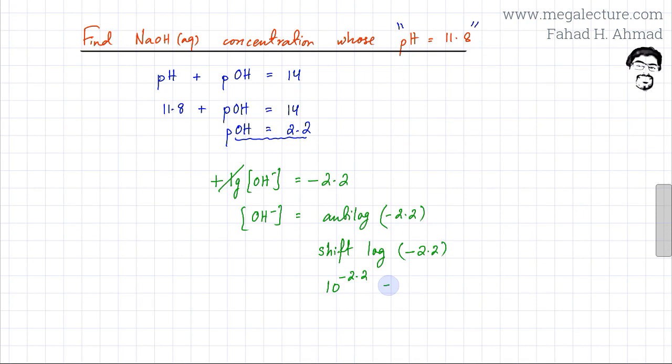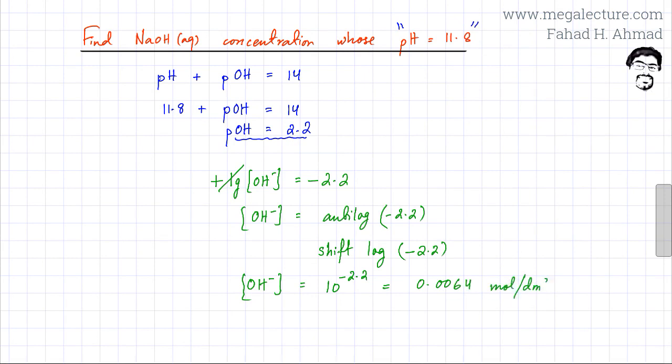And this value would be equal to the concentration of OH minus 1 ions, where the square brackets mean that you're talking about the concentration of OH minus 1. So let me calculate this on my calculator. And the answer is 0.0064 mole per decimeter cube.